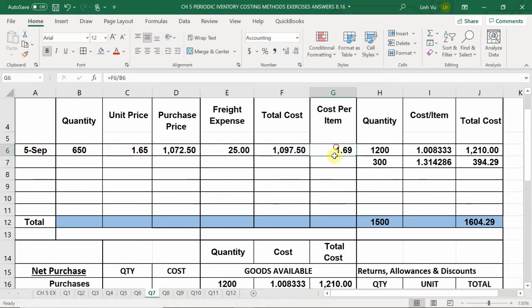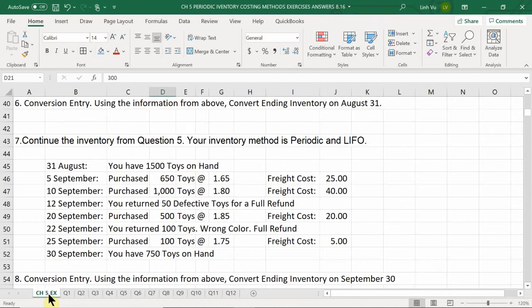Which then brings my total cost per item to be $1.6884. Let me go ahead and expand these. Then the next thing that happened on September 10 was we purchased an additional 1,000 toys at $1.80 with a freight of $40.